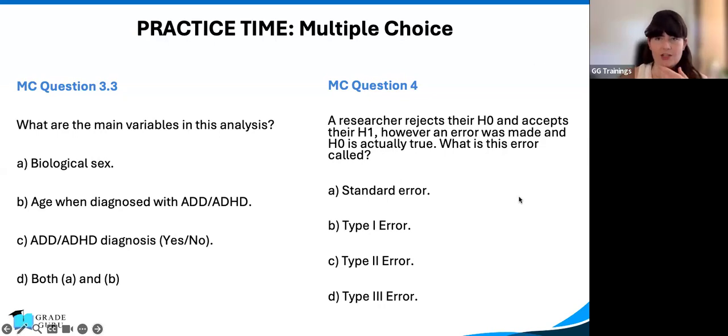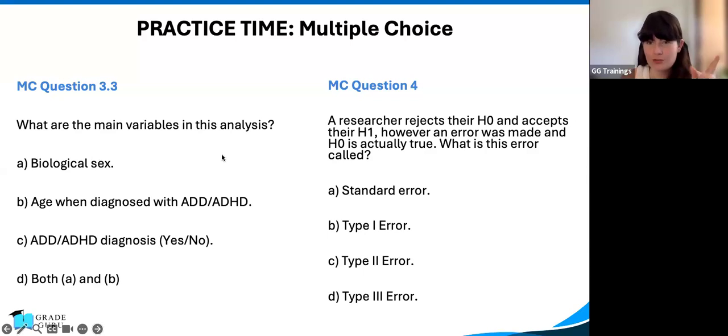Okay, let's look at question 4. A researcher rejects their H0 and accepts their H1. However, an error was made and H0 is actually true. What is this error called? Oh, we've got a variety. Okay, so your correct answer is B. Good job, Laura.